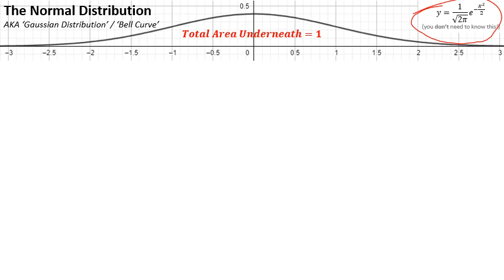Because the height gets small so quickly, the total area is 1. It never goes above 1. And that 1 is going to be really important for us because that is going to relate to the probability of certain events taking place.